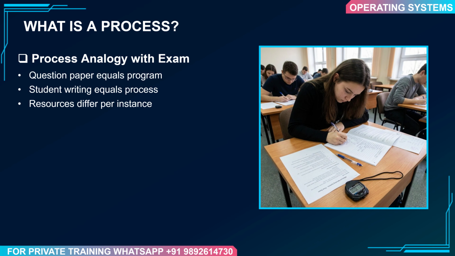To make this easier to imagine, think of a student writing an exam. The question paper is like the program. The student actually answering the questions is like the process. The answer sheet, rough work, pen, and the time given to the student are like the resources allocated to the process. Two students may have the same question paper, but their answer speed and progress are different. Similarly, two processes of the same program can behave differently.